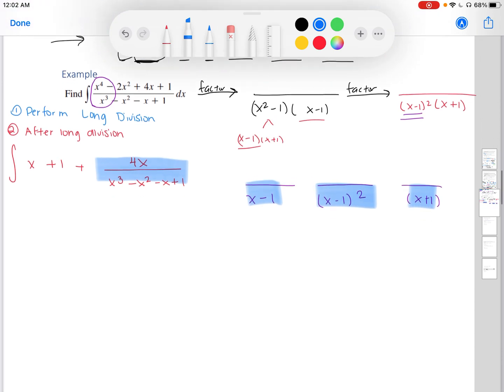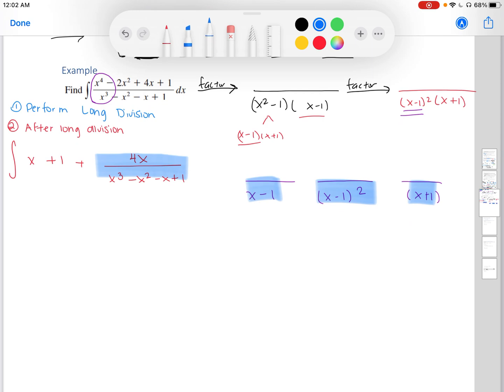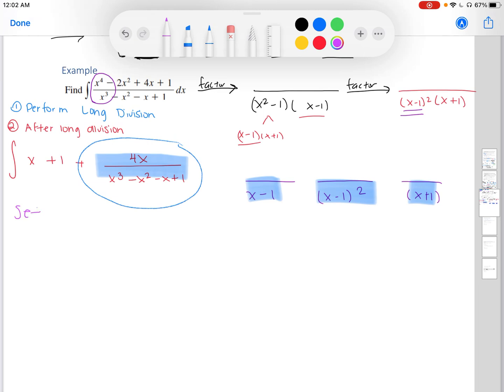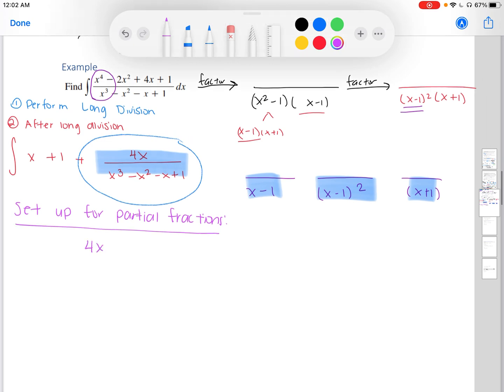We're going to only focus on this one portion where we have to work with our partial fractions. Let's go ahead and break that rational polynomial up. So we have 4x over x cubed minus x squared minus x plus 1.